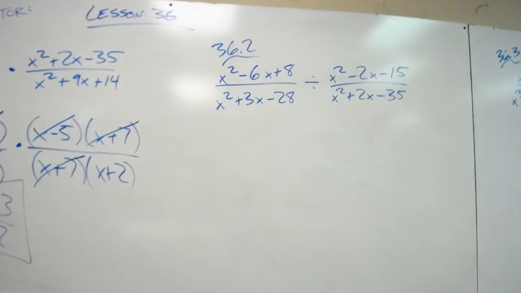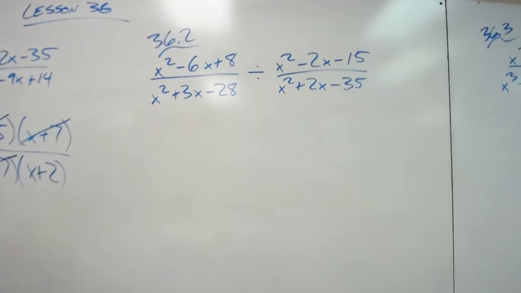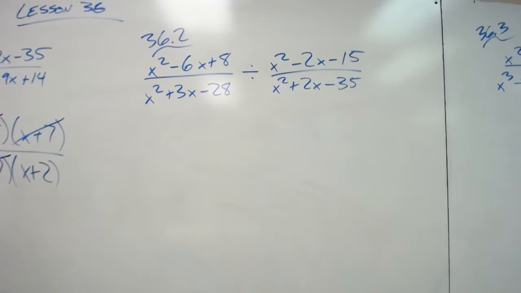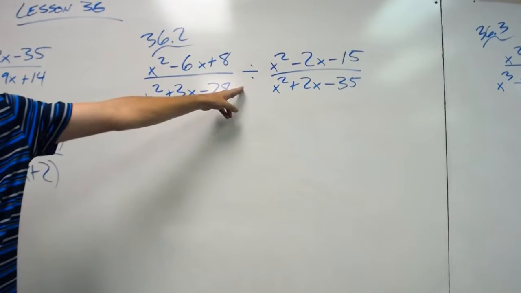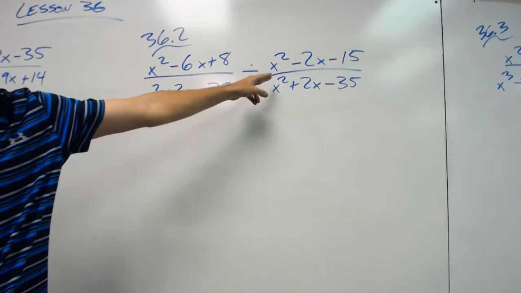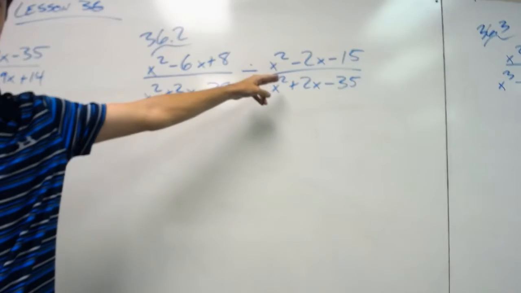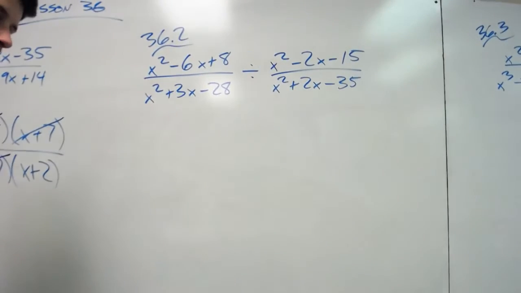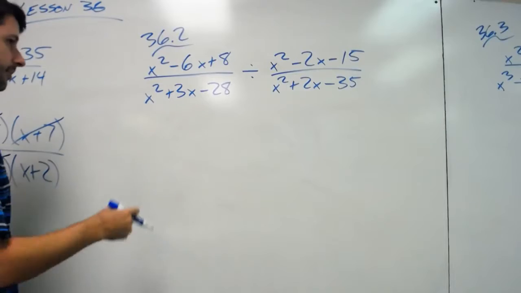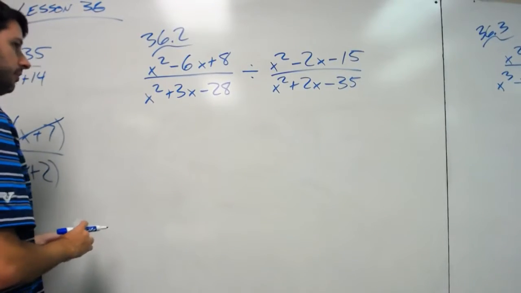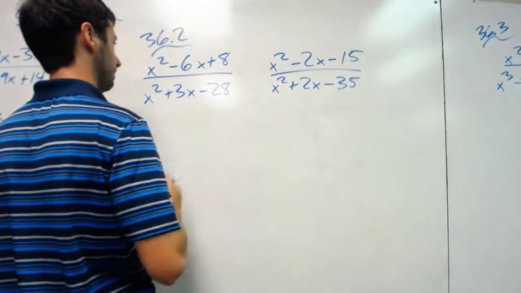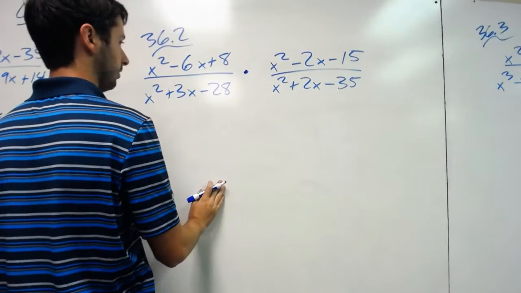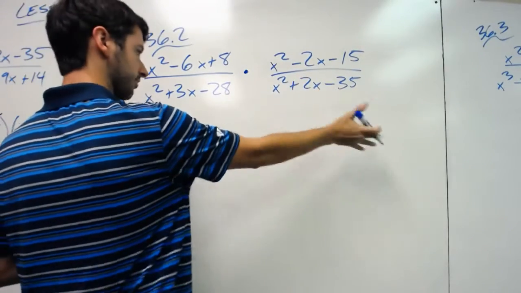Let's look at a couple more examples. The only difference in this one is we have a division sign. Well, if we're dividing by, I know it's a lot here, but ultimately it's a fraction. If we're dividing by a fraction, what do you think we do? Multiply by the reciprocal. So we switch this to a multiply sign, and we flip them.